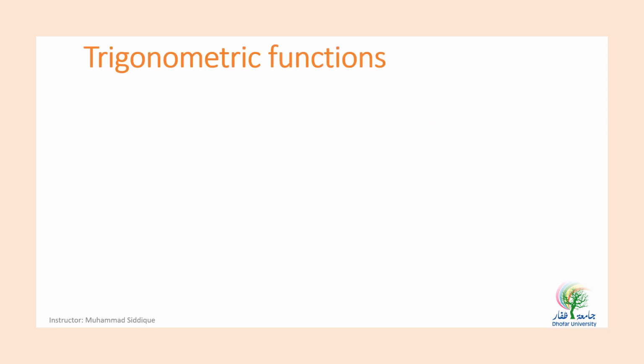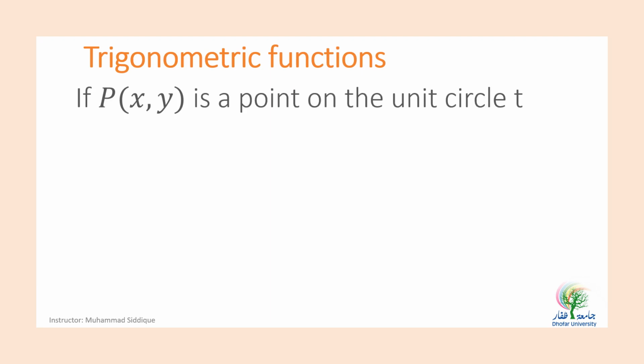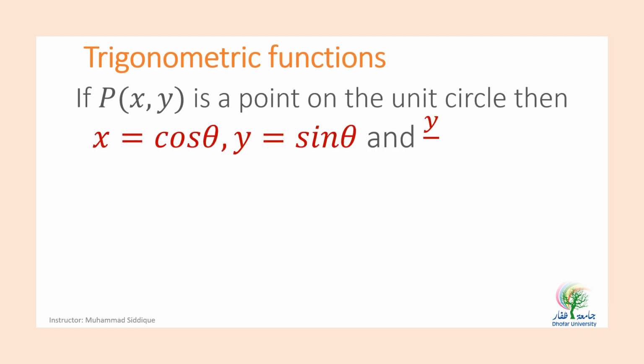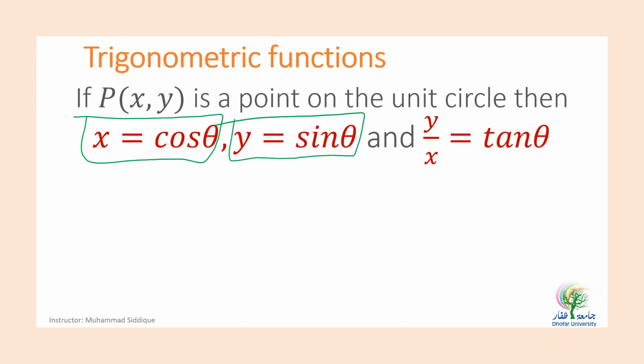Trigonometric functions. If point (x, y) is a point on the unit circle, then remember: x equals cosine theta, y equals sine theta, and y by x equals tangent theta.